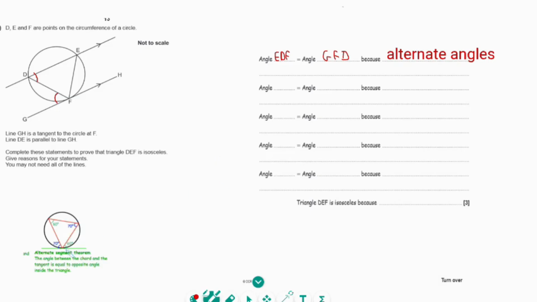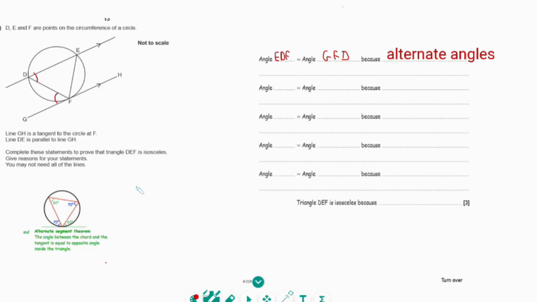We've got the tangent here, which touches this triangle inside the circle, which means that this angle is the same as this angle. So we can say that HFE is equal to FDE, and our reason is alternate segment theorem.